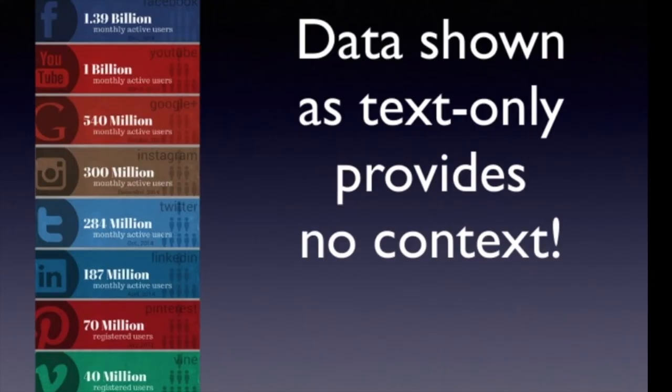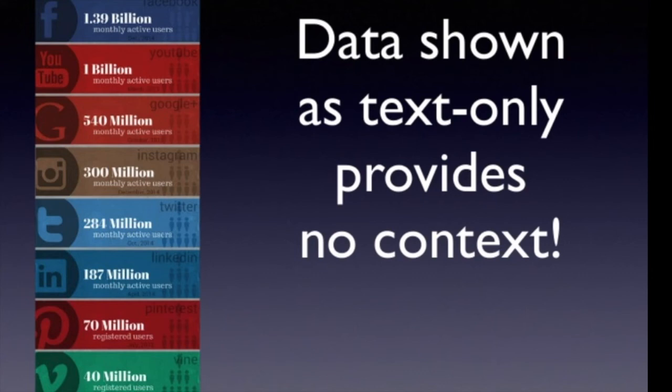Data shown as text only really provides no context as well. So here we have a similar thing, social media active users in 2016, and it's just showing like, all right, here's Facebook, here's YouTube, and Google and Snapchat. And this was a little bit before TikTok actually, which, yeah, this graph would change quite a bit if I got a more updated one.